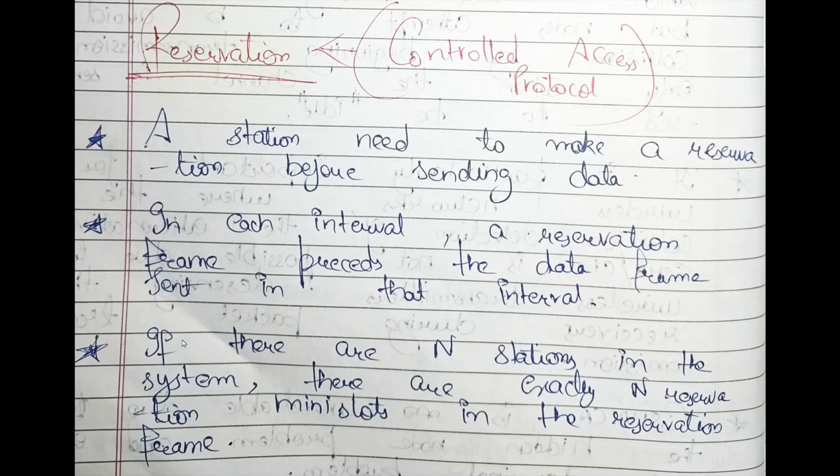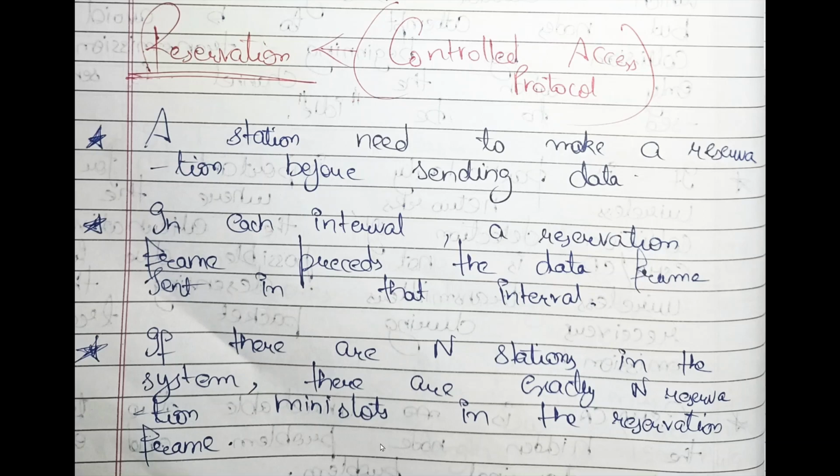For the time being, if there are n stations in the system, then there are exactly n reservation mini slots in the reservation frame. So it's not like there is a shortage of seats in the train.